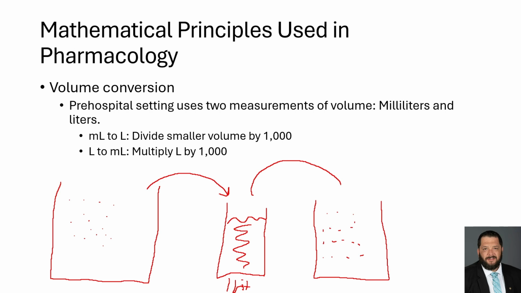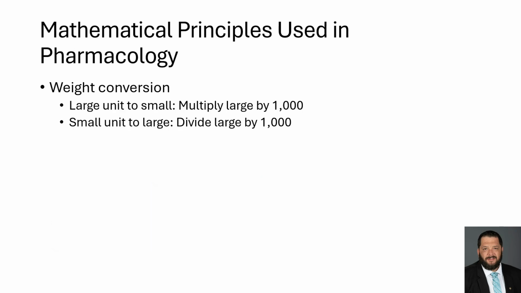If we were going from grams to milligrams, we would then multiply by 1,000 again. If we were doing small unit to large, so grams to kilograms, we would divide that number by 1,000.